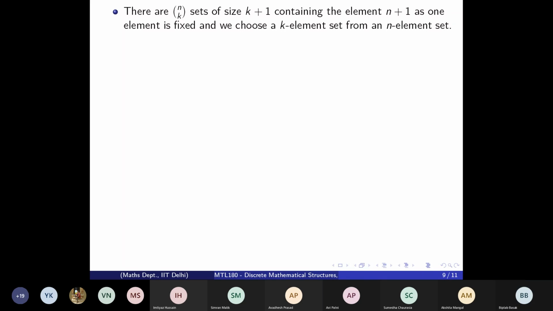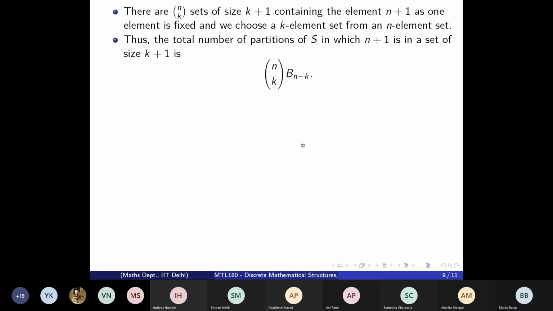Fine. So we can say that the total number of partitions of S in which n plus 1 is in a set of size k plus 1 is this. This is the number of ways we can choose A1, and this is the partition of the rest.